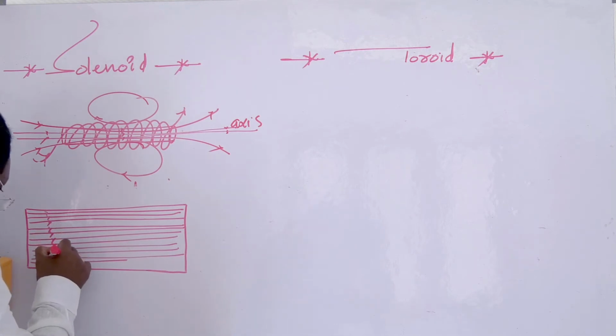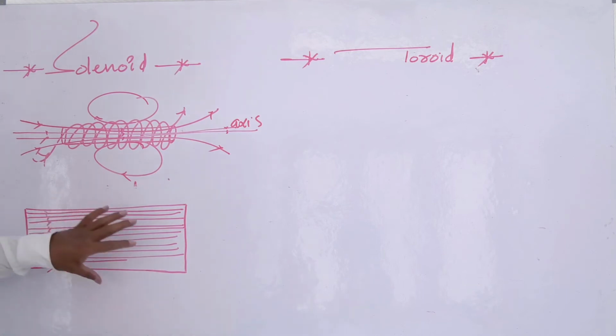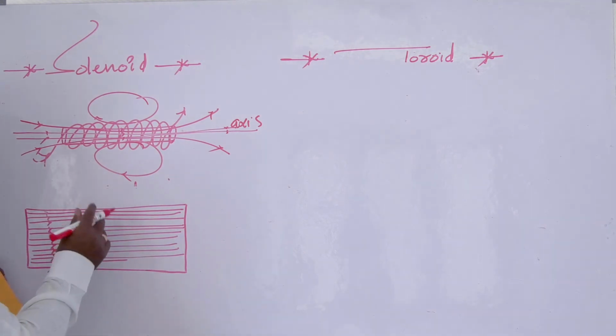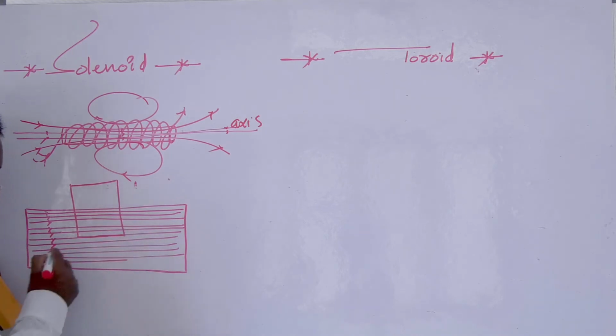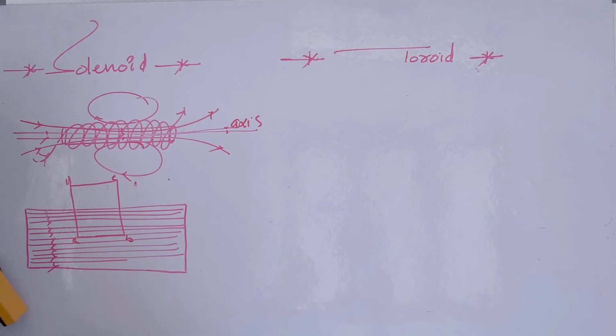Now we want to estimate the magnetic field produced in the solenoid. By using Ampere's circuital law, we imagine a closed loop in this magnetic field. Let us consider a closed loop ABCD.